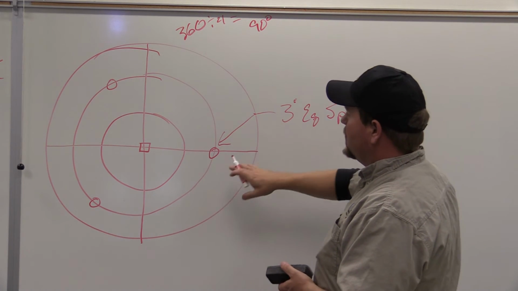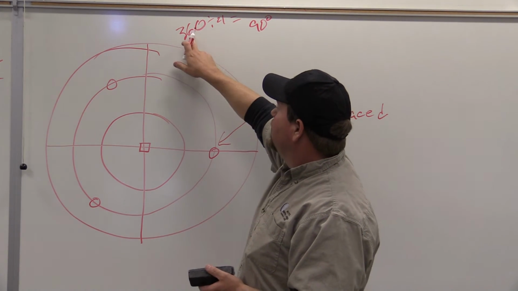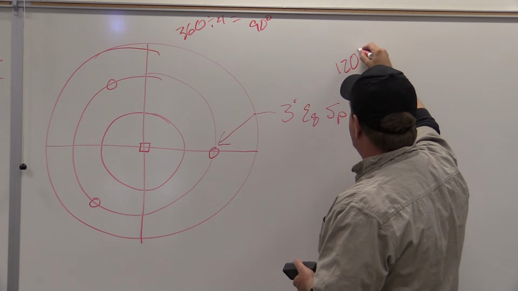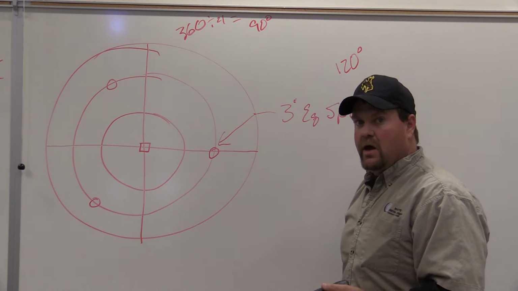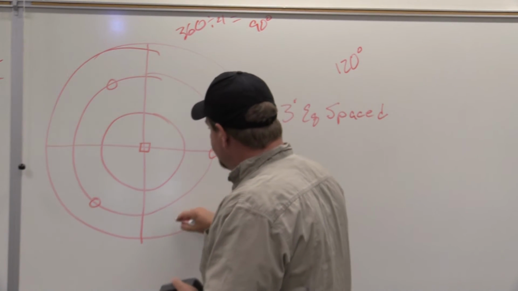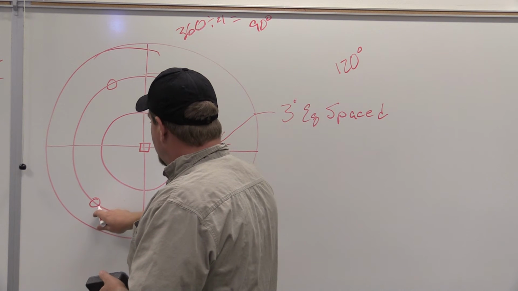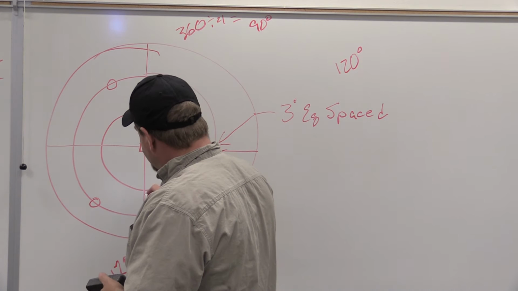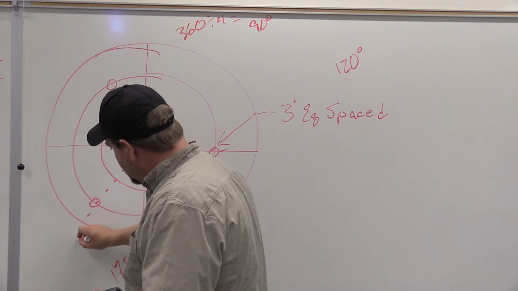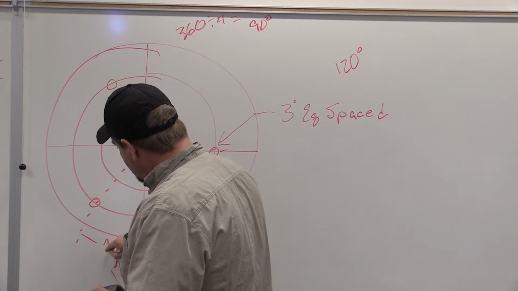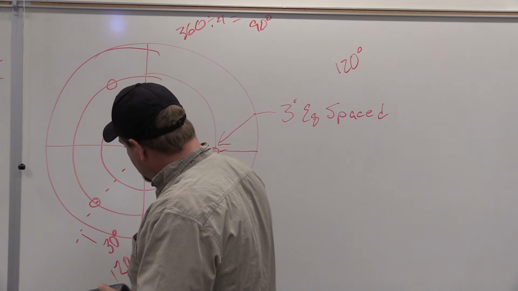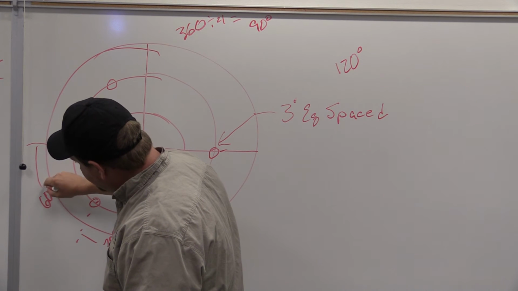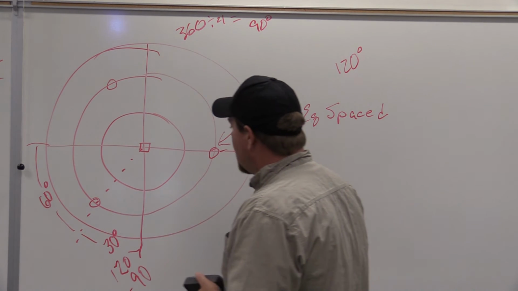Real quick, we can figure out 360 degrees divided by 3, we're at a 120 degree angle on each piece, okay? So now we know from here to here is 90, and we're at 120, so now we can take 120 minus 90, so we now know this angle is 30 degrees. We also know now that this angle is 60 degrees, okay?